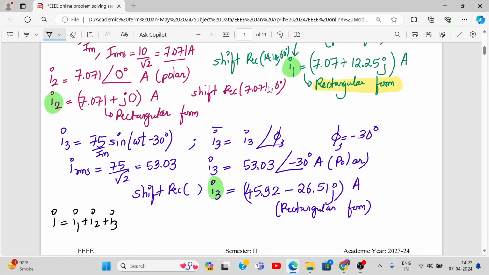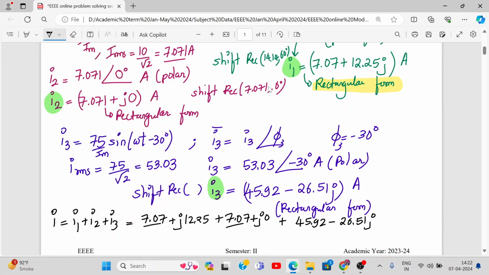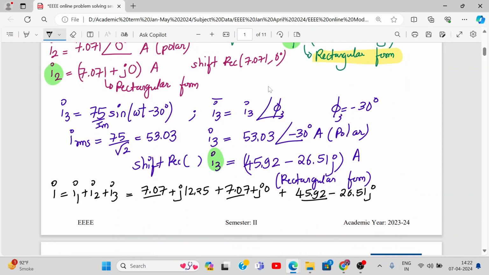I1 plus I2 plus I3: 12.25 plus 7.07 plus j0 plus 45.92 minus j26.51. So add all the real quantities, this one, this one and this one, and add the imaginary quantities also.